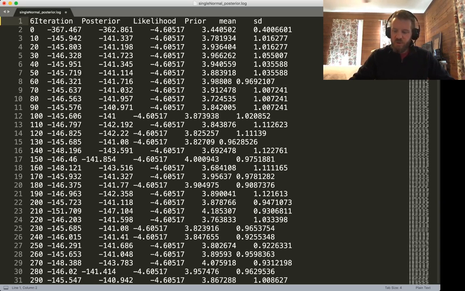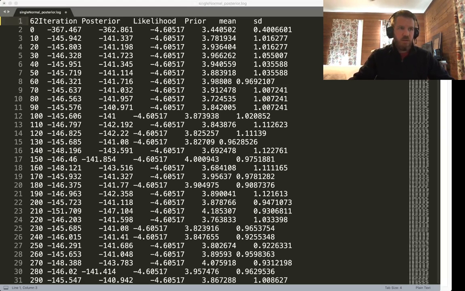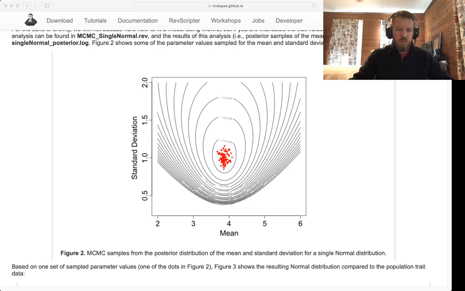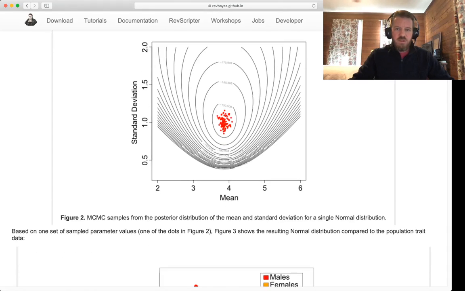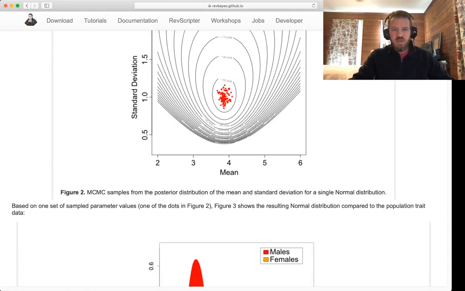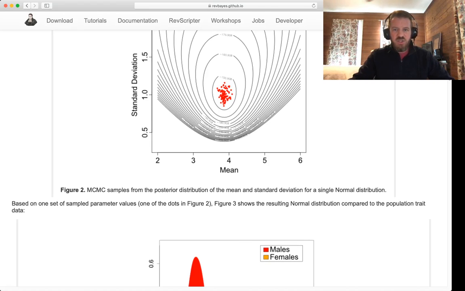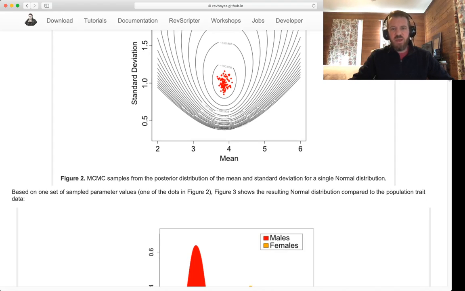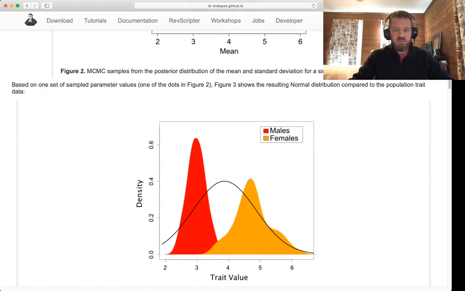All right, so going back to our tutorial. These red dots represent the combinations of parameter values we've sampled during MCMC. If we took one of those red dots and plotted the normal distribution implied by those parameter values, it would look something like this.